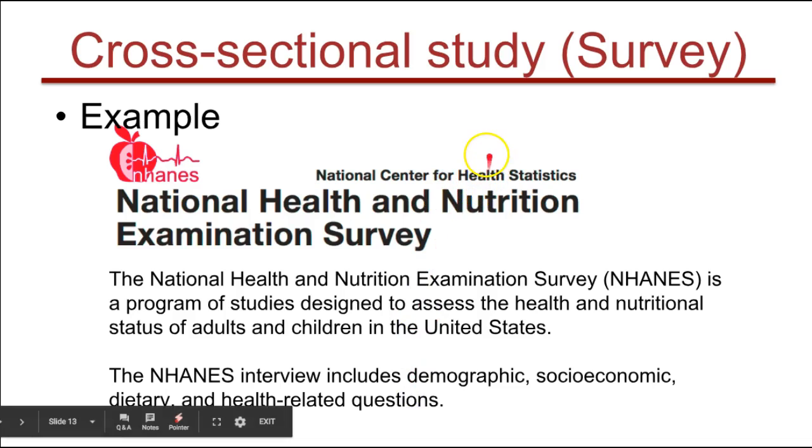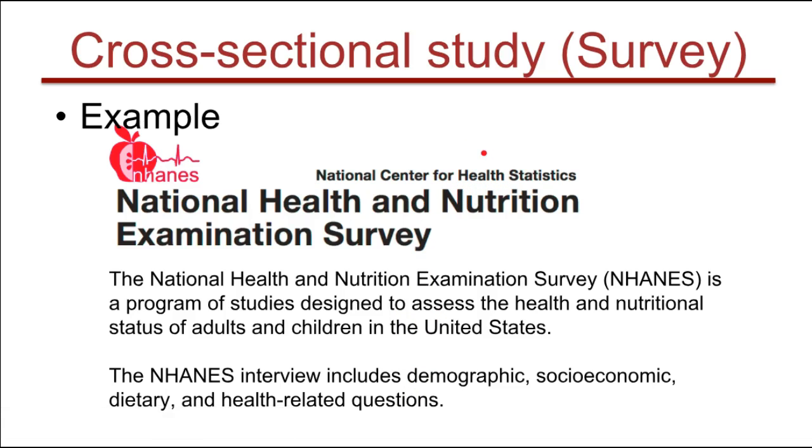One of the classic cross-sectional studies, and it's an ongoing cross-sectional study, is called the National Health and Nutrition Examination Survey. A great deal of our nutritional advice comes from this NHANES survey.